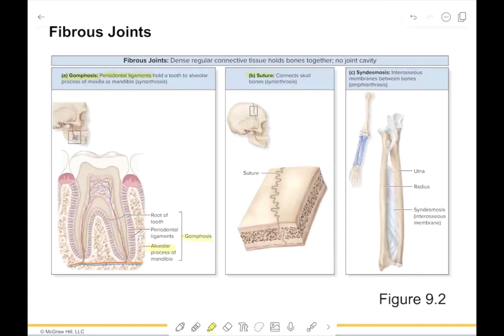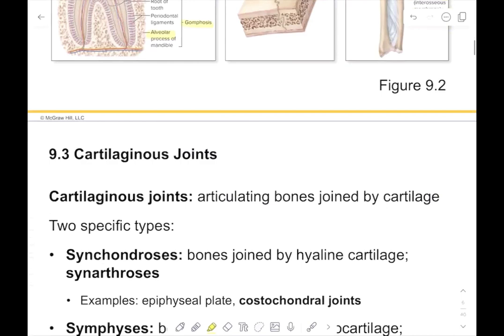A suture is also a synarthrosis, and that has connective tissue tightly connecting the two flat bones. And then finally, a syndesmosis is classified as amphiarthrosis for the movement, where there is an interosseous membrane connecting those two bones.